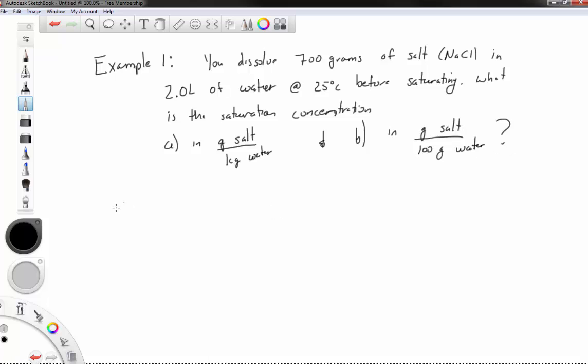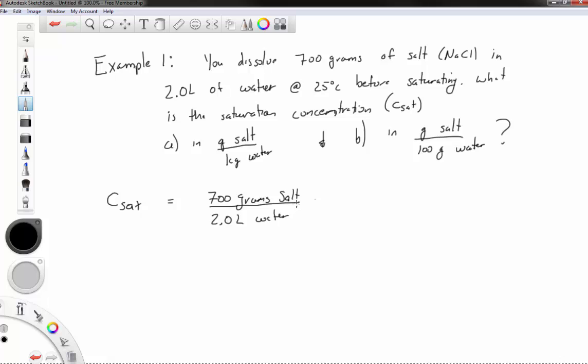Okay, so to answer this, we use C-sat, that's the saturation concentration. C-sat is equal to, we had 700 grams of salt per 2.0 liters of water.